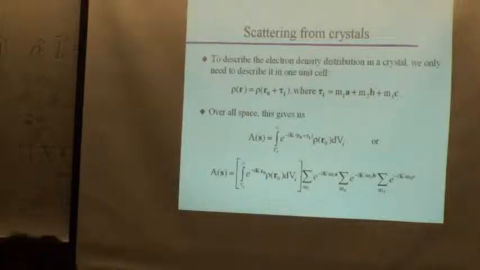It's only defined when m1, m2, m3 are integers, right? So we really don't need to leave it in the integral, do we? We can write that one as a sum. So it's a sum over all m1, where m1 is any integer, of this part of the expression.